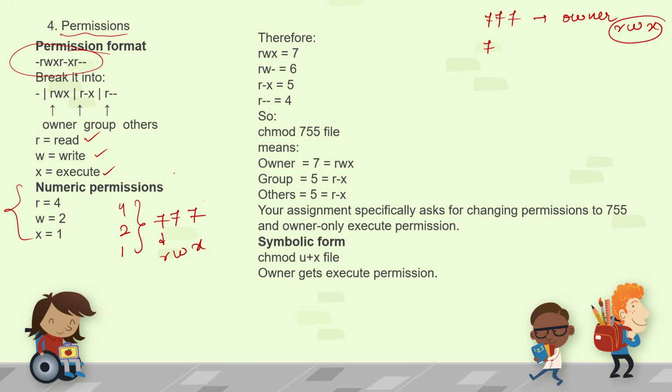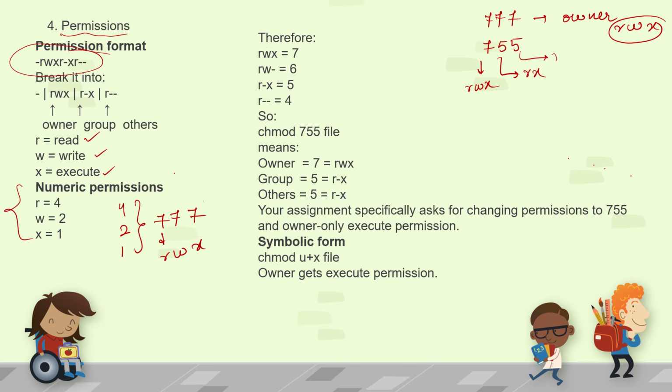Let's understand 755. That means that in the first case, the owner's case, you have given the read, write, execute permissions, but here 4 plus 1 is 5, so 2 is missing. That means you cannot write, but you can read and execute.